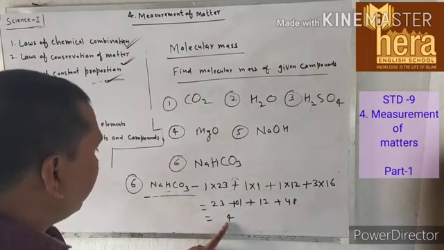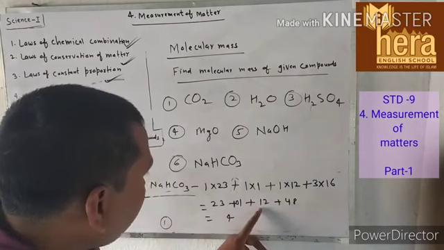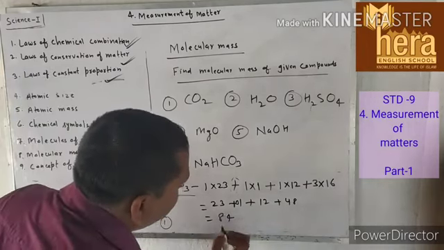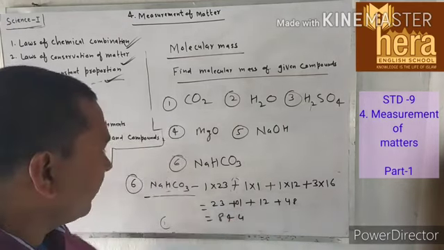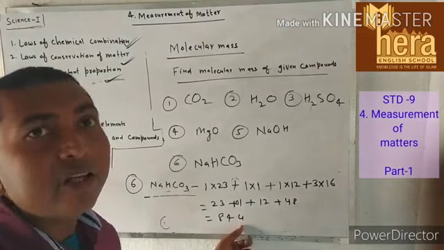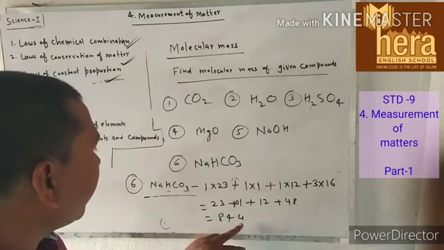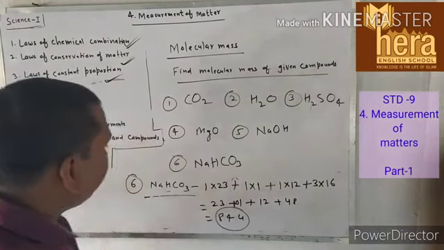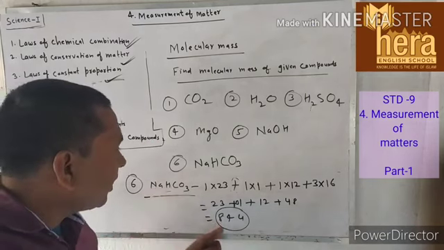Carry 1; 4 plus 1 is 5, then 6, 7 and 8. So 84 U. U means unit, sorry, U means Dalton. Write U here; if you don't write U, that is wrong. So the molecular mass of sodium bicarbonate is 84 U.